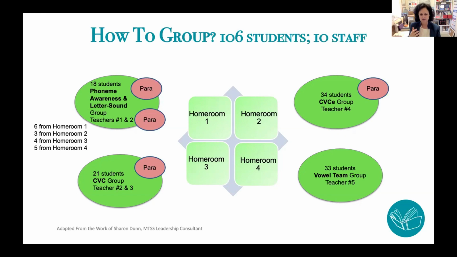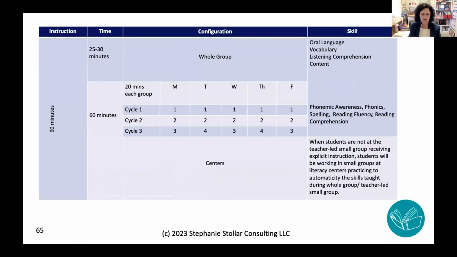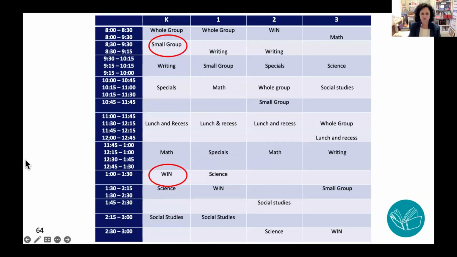And I can tell you, just to go back to the idea of the 3-tiered model, these students would get another dose of this small group instruction during tier 1, or if you have something called win time in your school, they're getting that small group instruction on phonemic awareness and letter sound during tier 1, and they're getting that same small group instruction at another time of day for tier 2.